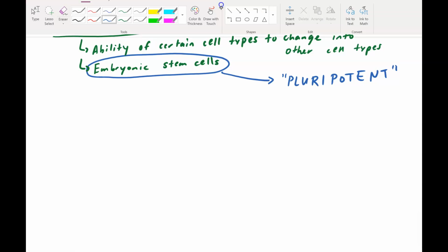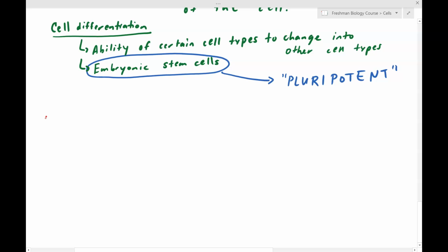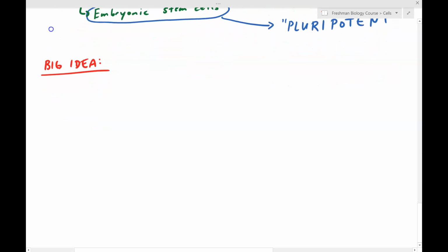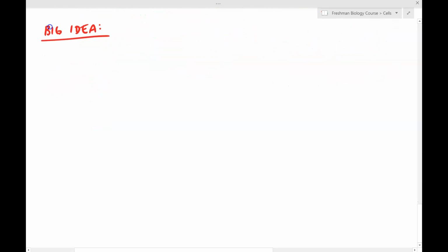Okay, so let's take a look here now. This really is our big idea for this entire unit. The big idea is the idea that we're going to have cells that are able to have emergent properties, and they are also going to be that we have cells that can differentiate. So we start with embryonic stem cells first.